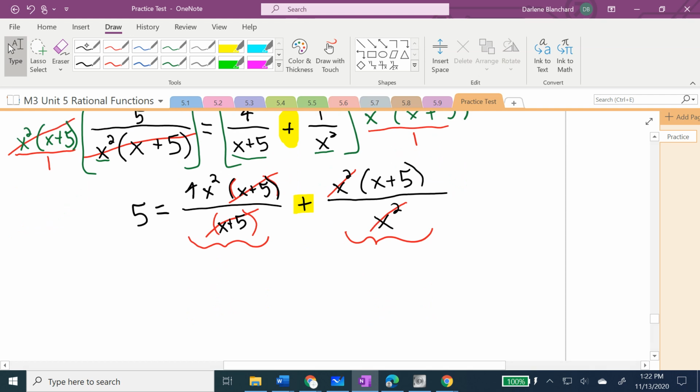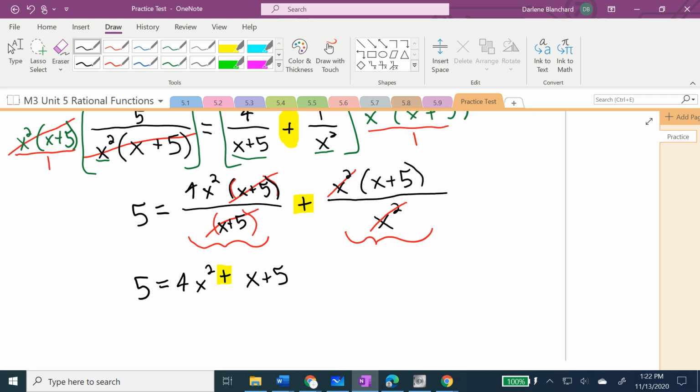Now I reach the step that I've been waiting for. On the left, I have a 5. On the right, the only thing left after the big kill is 4x squared. Then I have that same plus sign, and all that's left of the last fraction is an x plus 5. I don't need the parentheses anymore.